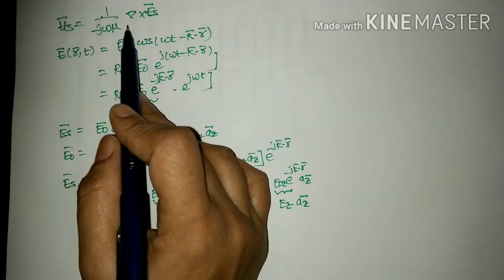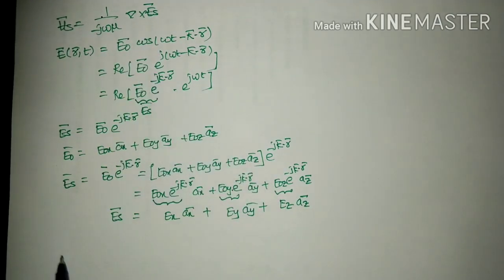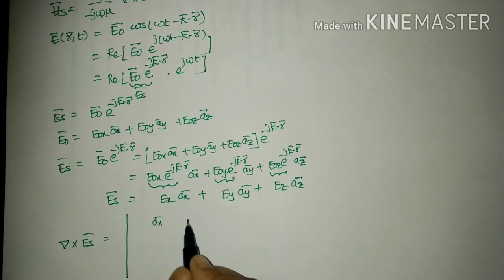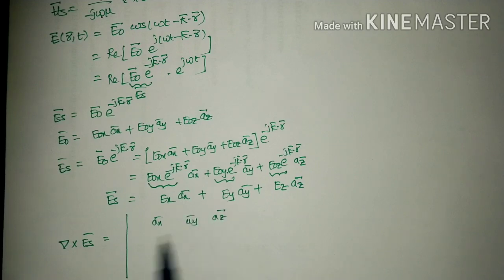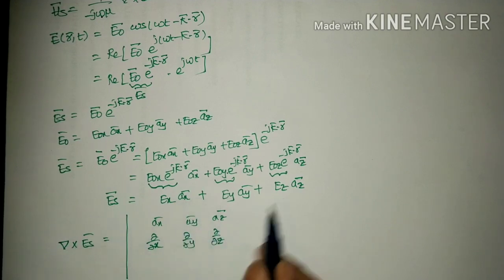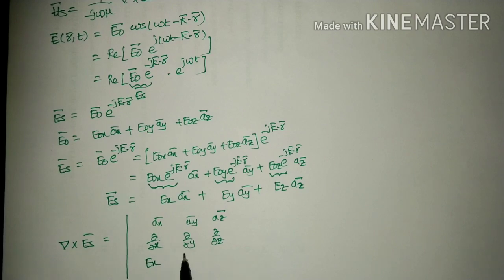So now we have to calculate del cross Es bar. So del cross Es bar is equal to determinant of Ax bar, Ay bar, Az bar. Del is nothing but dou by dou x Ax bar, dou by dou y Ay bar, dou by dou z Az bar. And Es bar you got it as Ex Ax bar plus Ey Ay bar plus Ez Az bar.